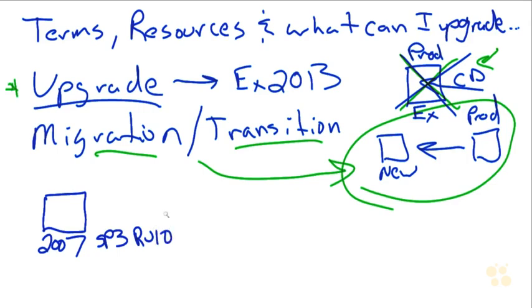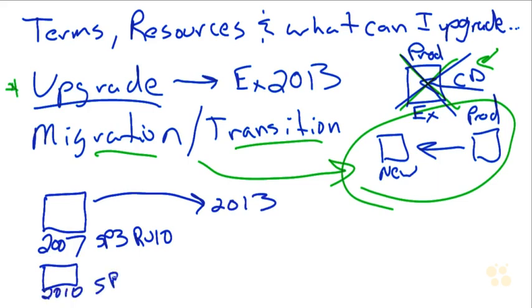So at least Rollup 10 or better. So you can migrate or upgrade from 2007 to 2013. Awesome! You can also, if you have 2010, and this is SP3, migrate, awesome, to 2013.